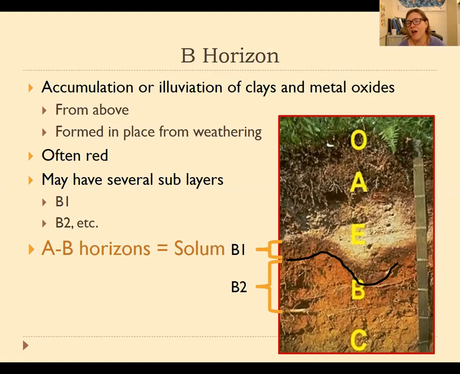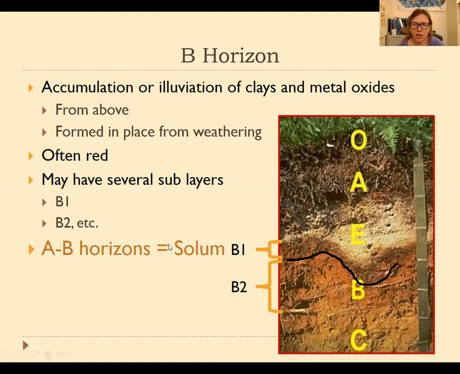We might have an upper part of a B horizon that's visually distinct from a lower part of a B horizon. Maybe one layer is a little bit more yellow and one layer is a little bit more red, or one is even more clay rich and one's a little bit coarser. So as soils develop and age, they can sometimes have distinctions even within one of these major master horizons.